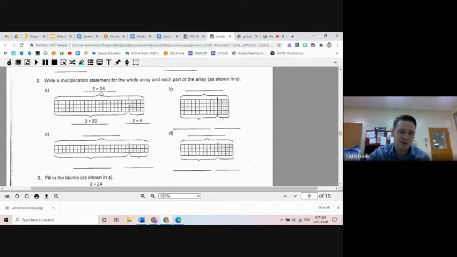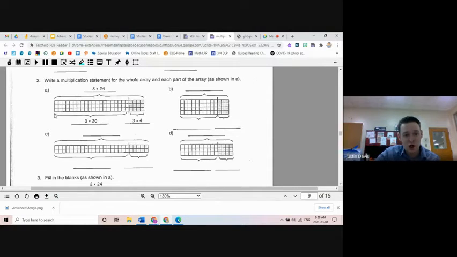They looked at the 3 times 2 tens, 3 times 20, and they looked at the 3 times 4 ones. So you have 24 all the way across your model, if you were to count the boxes, and you have 3 rows of 24, but it wants you to break it up.